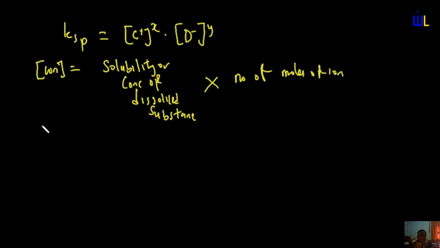So what this simply means is that the concentration of C is going to equal the solubility of CxDy multiplied by the number of moles of C according to the balanced equation, which is x.